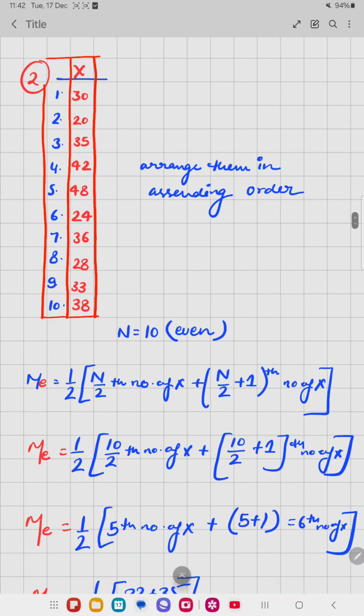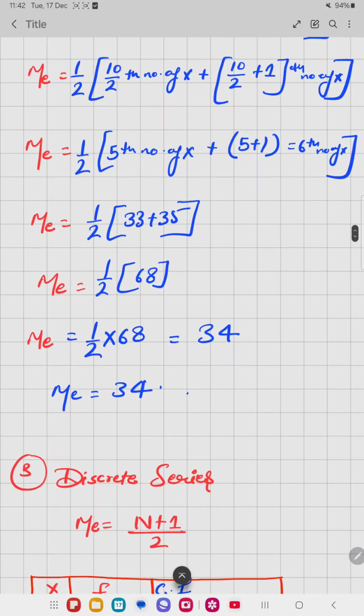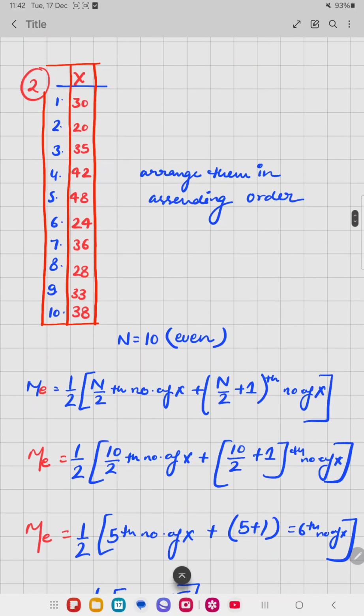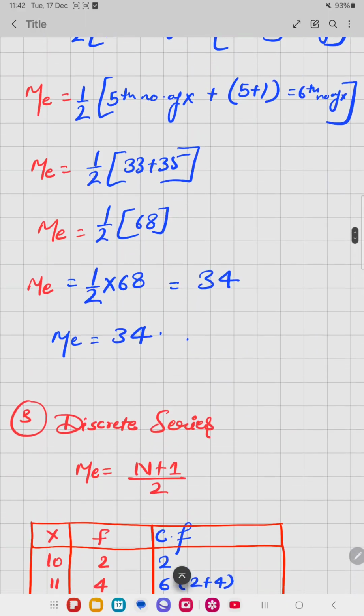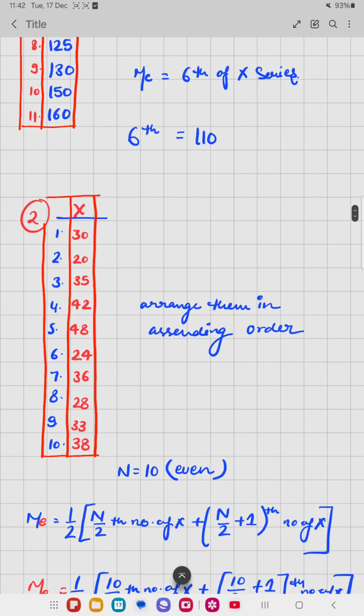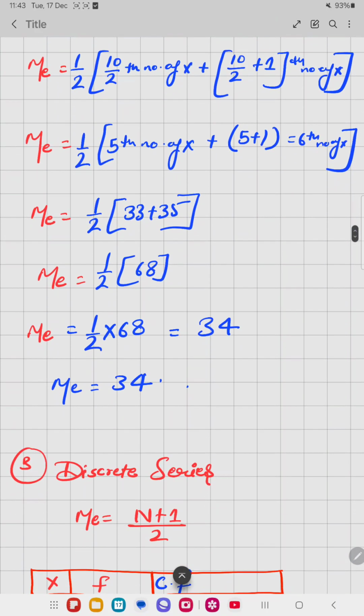So 33 and 35, if you add both of these, it will become 68.